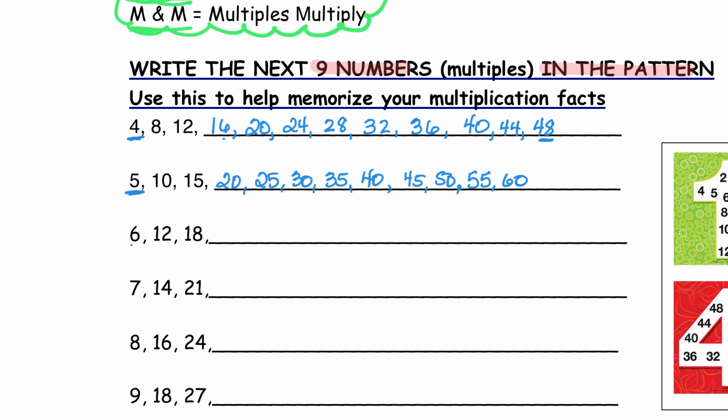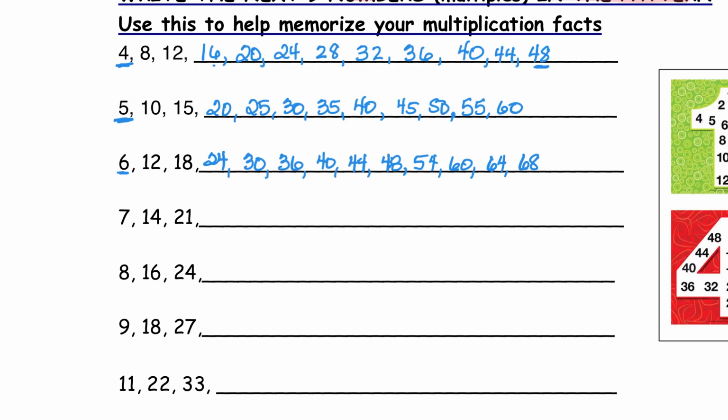Let's move on. Let's try the 6s. Pause the video, give it a shot, and then restart to check your work. And there you have all the skip counts for 6. Pause the video and try the remaining on your own. And there you have all the multiples of 7s. Keep going.